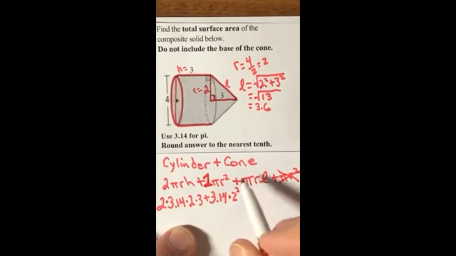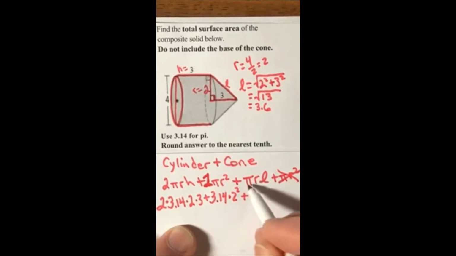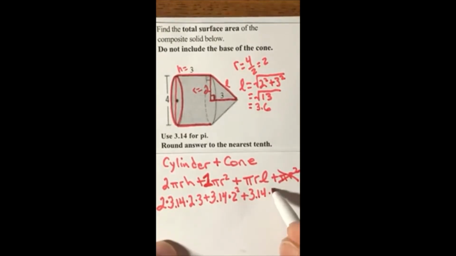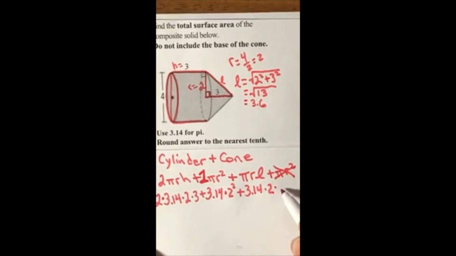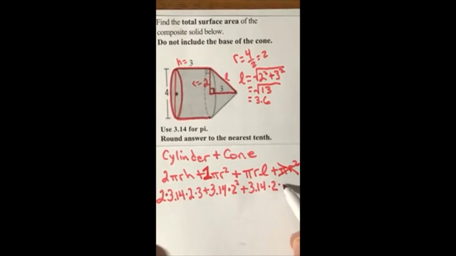Square that, and don't forget to square. Bring down the plus. Replace pi here with 3.14 times the radius, 2, times the slant height, the square root of 13. If you use the square root of 13, you will get all the decimal places.